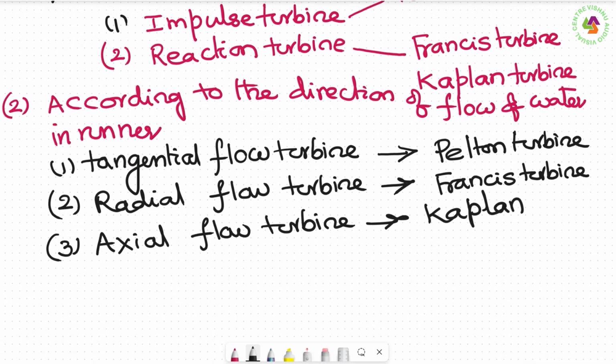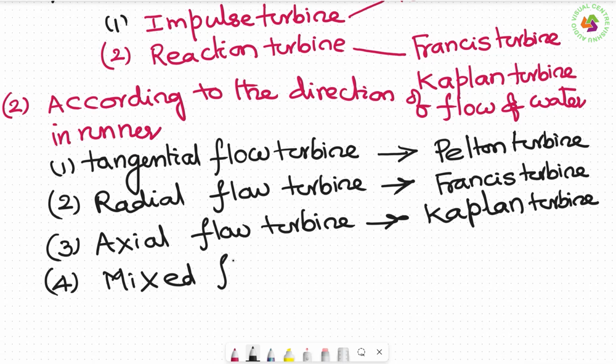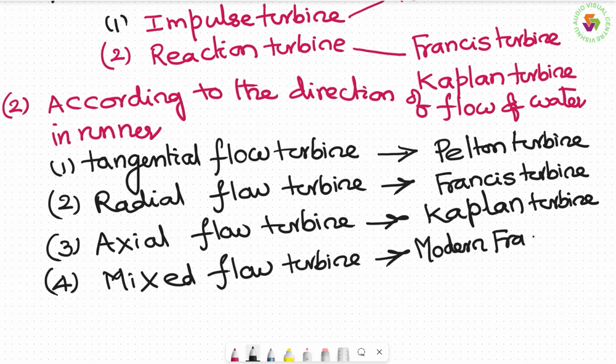Flow is parallel to the axis of the turbine. Fourth, mixed flow turbine. That means it enters radially and leaves axially. That is the modern Francis turbine, with both radial and axial put together. So two classifications are completed.